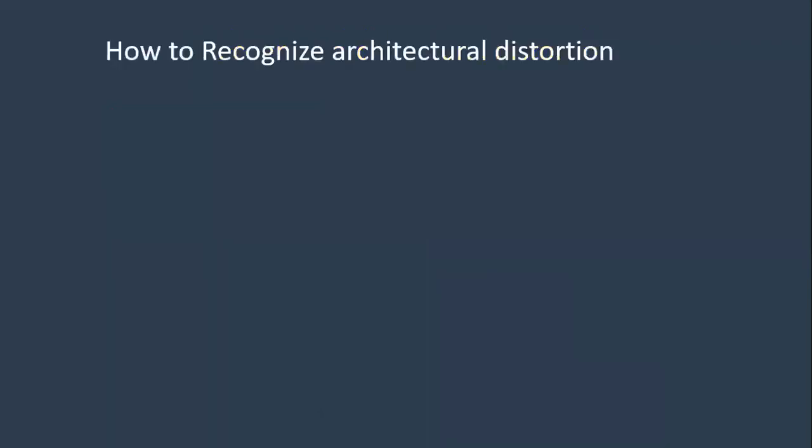Then, starting with the first step in our approach, we need to know how to recognize architectural distortion, before we describe what the architectural distortion is and how it appears. How does it appear?